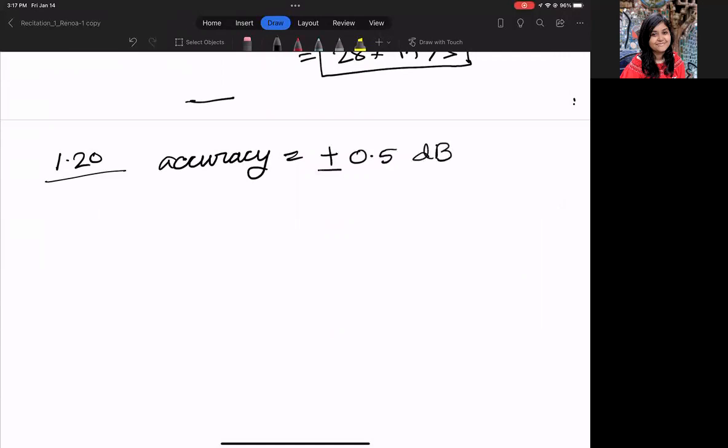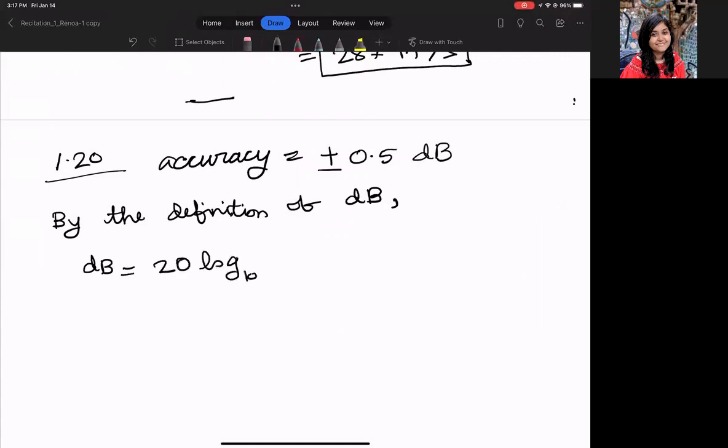So by the definition of decibel, we can write that decibel is equivalent to 20 log 10 x1 by x2. And here, this value is 0.5. So now we're going to solve this.